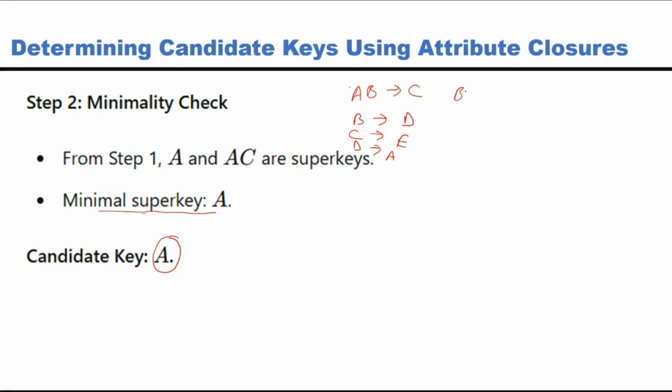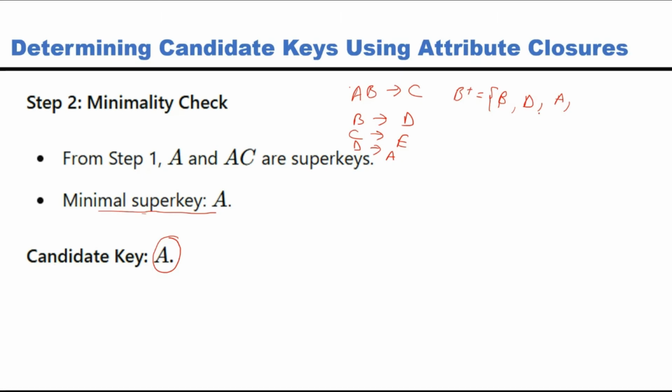So I'll start with B plus, and B plus will give B. And from this, I can use this functional dependency, and I can write D here. And from this, I can use this functional dependency, and I can write A here. Then can I use any other functional dependency also?